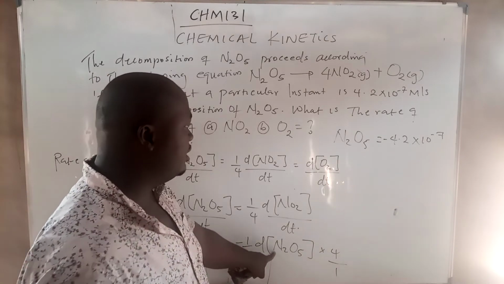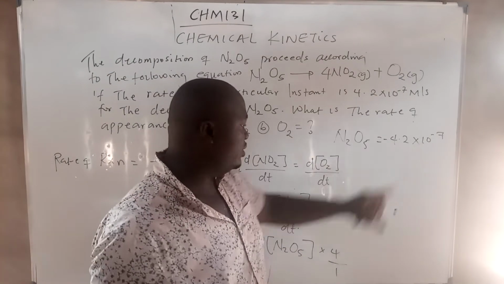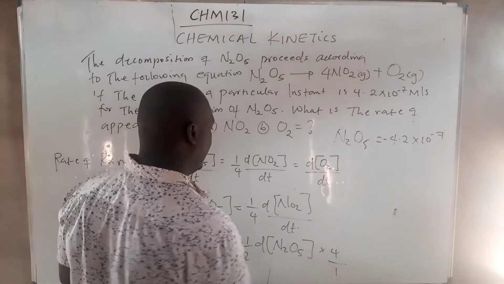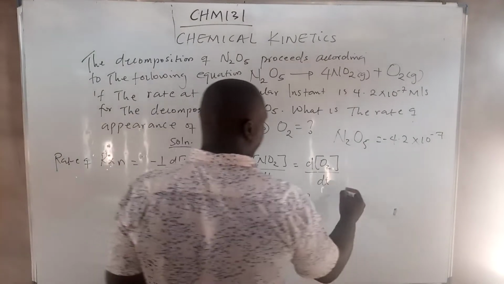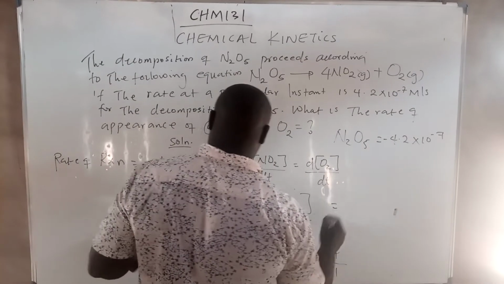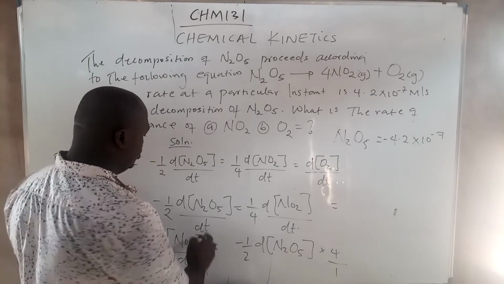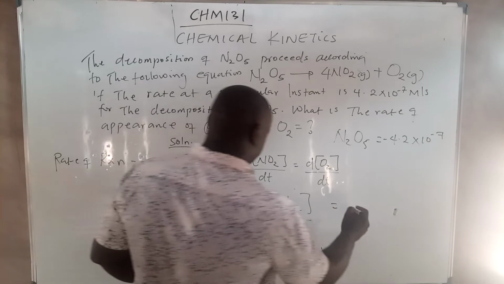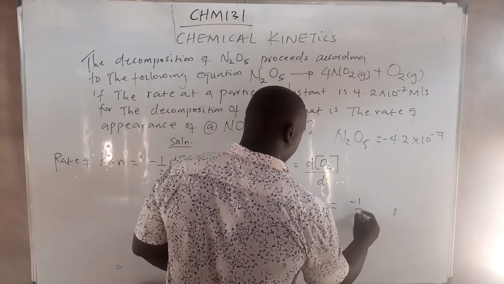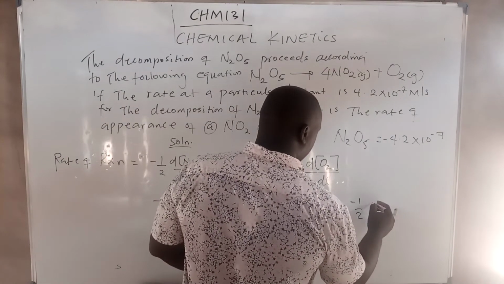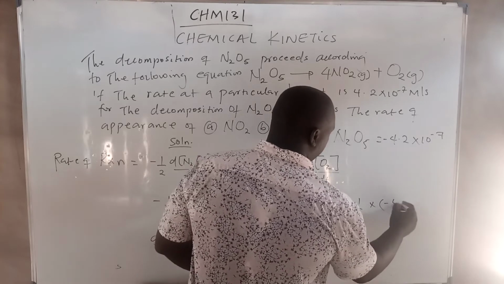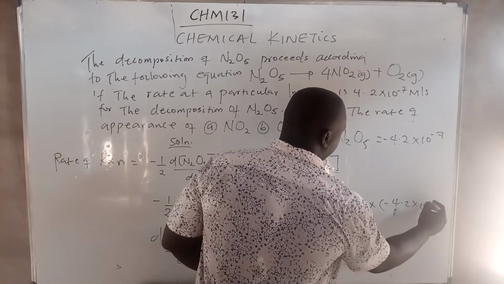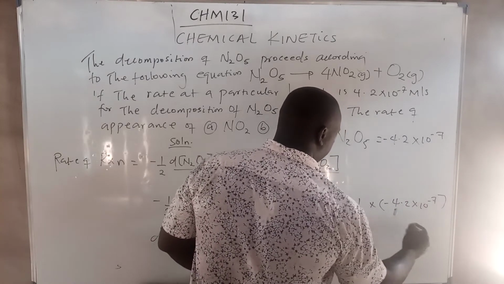Now, you already have this. They gave you this value. And remember, there is minus in it. So the answer to this right now will be, let me write it here. I don't want to waste time writing this thing again. So the dNO2 all over dt is, this is it, minus 1 over 2 times, open bracket, minus 4.2 times 10 to the power of minus 7, right?